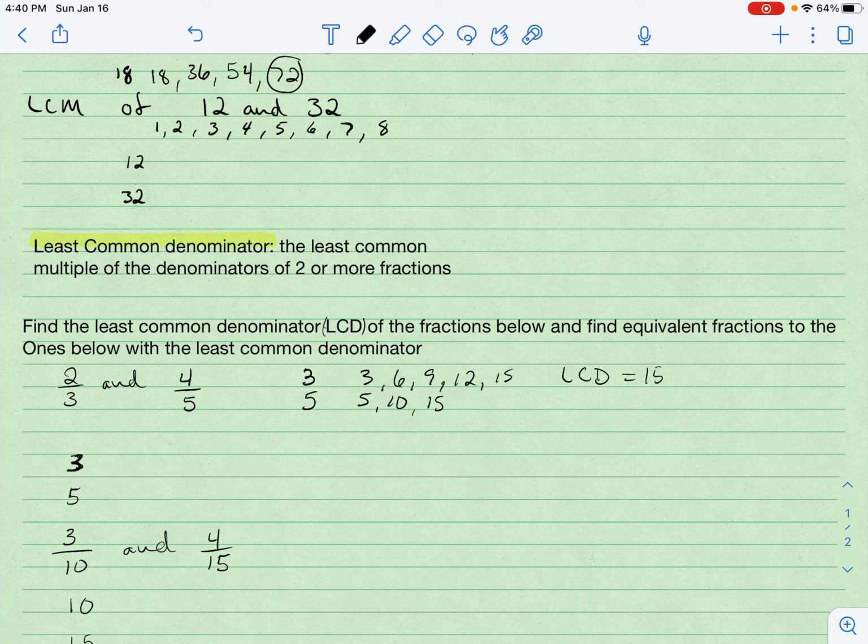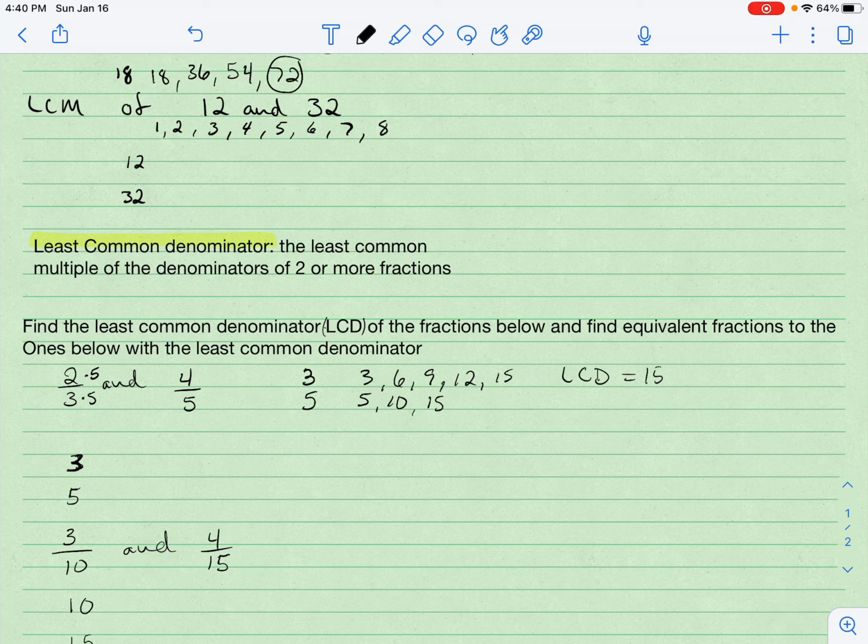So the least common denominator, once again, is just the least common multiple of the denominators. So now with this information, we're going to change the fractions. Remember, it is an equivalent fraction if you multiply both the numerator and denominator by the same number. So we want to make 15 on the bottom for both of these. So 3 times what gives us 15? That would be 5. So we're going to multiply those both by 5.